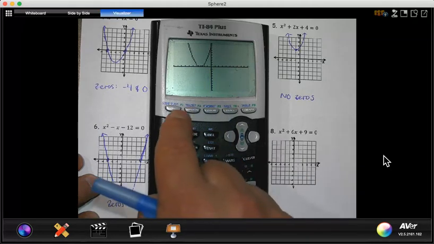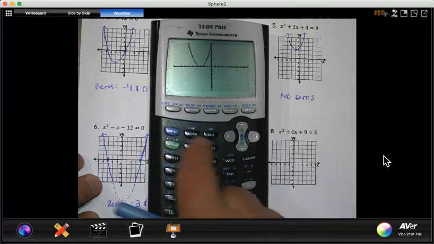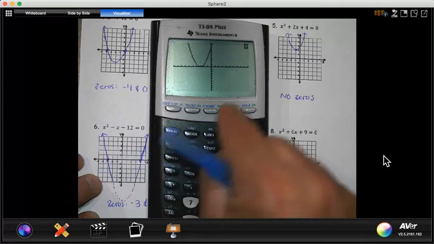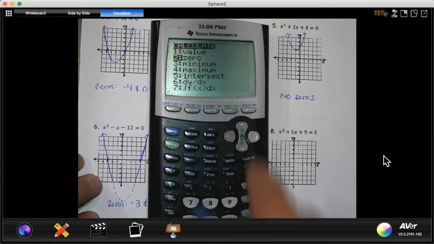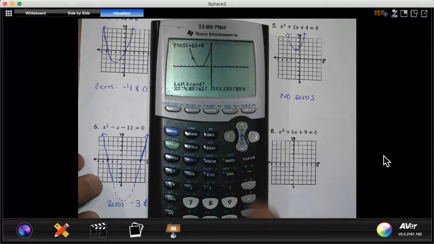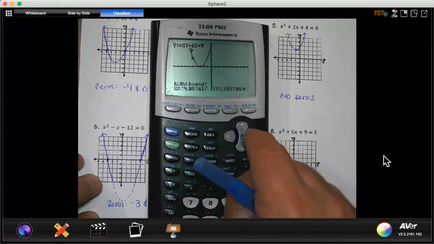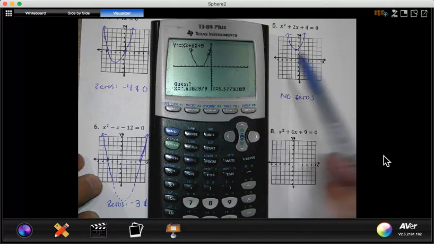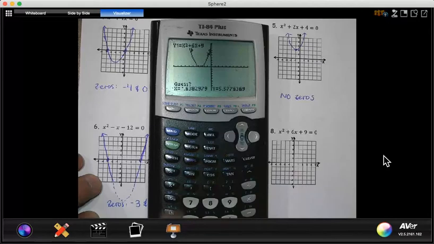There is a zero function on your calculator, so you can go to second calculate, the zero, and then move your cursor to the left of the zero, hit enter, then move your cursor to the right. So you set your boundaries. Do you see how there's boundaries here? It's going to look for a zero between those two boundaries.